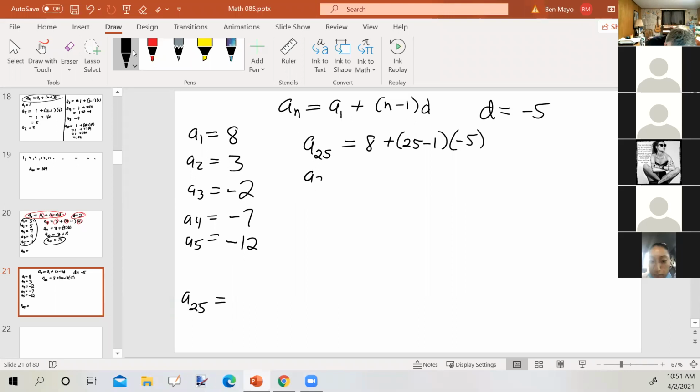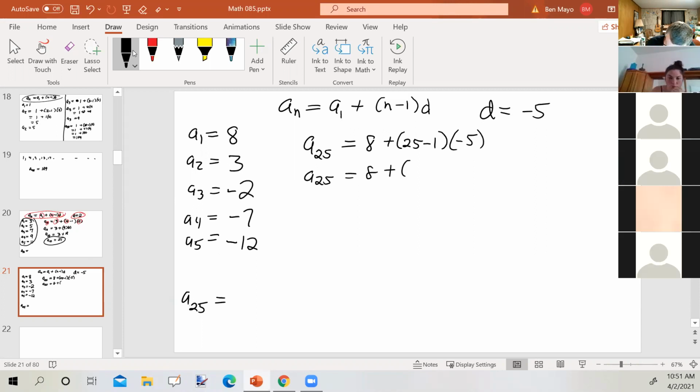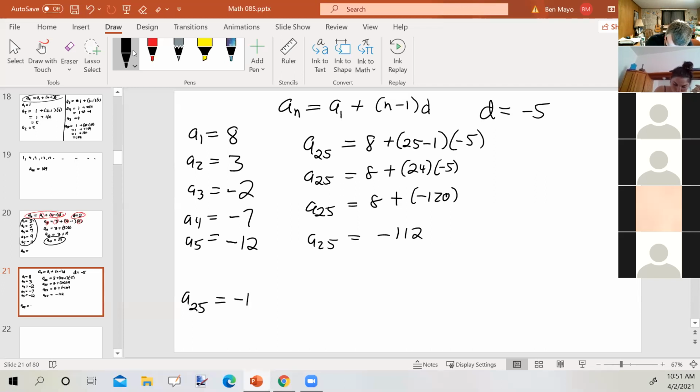A sub 25 is 8 plus 25 minus 1, which is 24, times -5. 24 times -5 would be -120. So a sub 25 is what, -112? So there's your first 5 terms and the 25th term. Any questions on that?